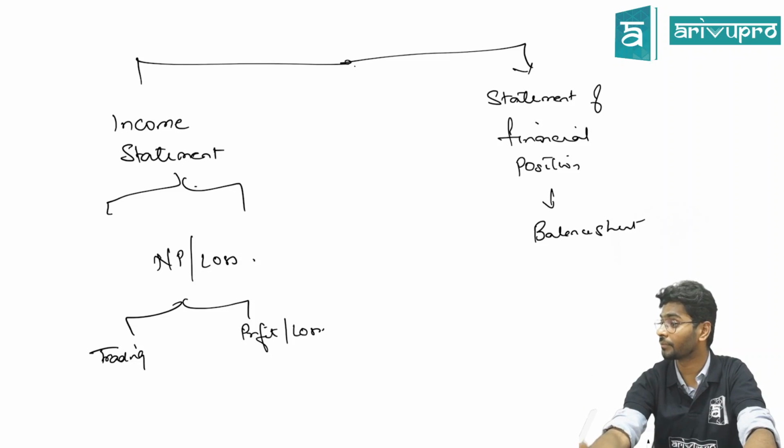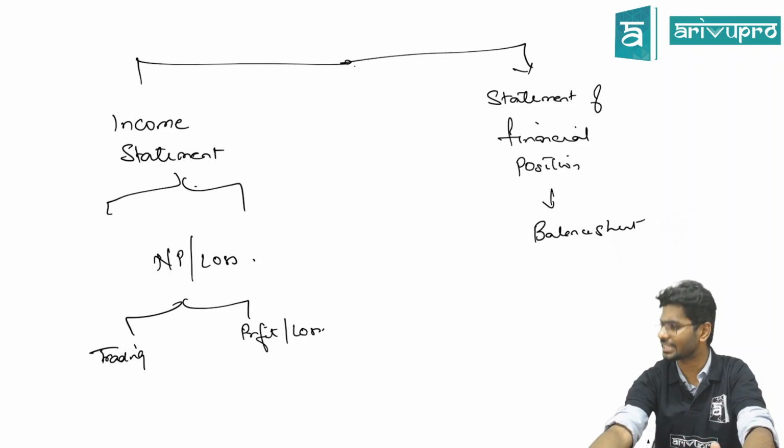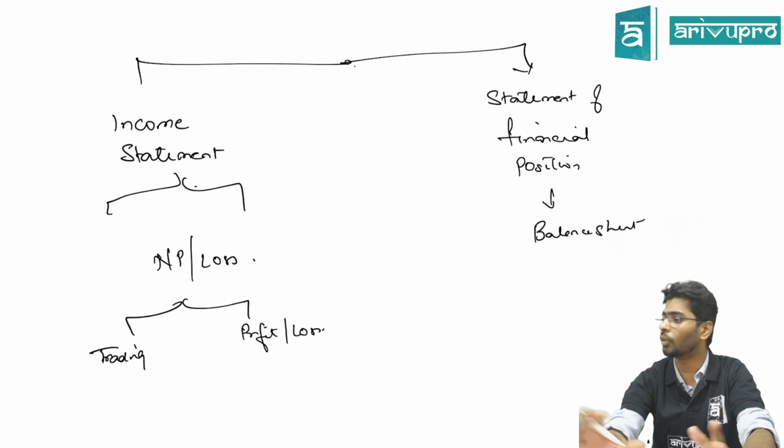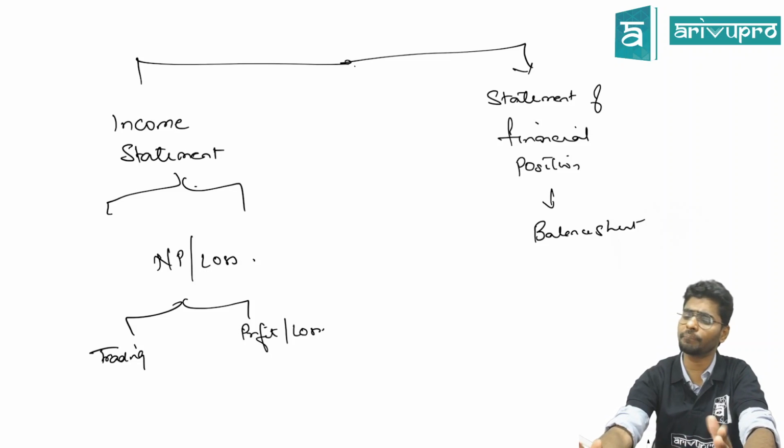Anything in the trial balance will never come twice. Please remember this. Let me take some random examples of 5-6 things and understand how final accounts work. If you get this base right, doing final accounts afterwards is very easy.